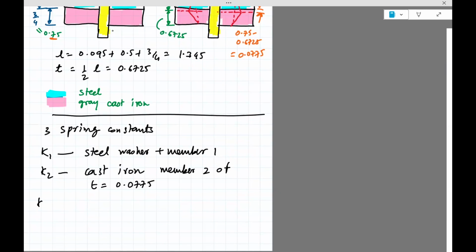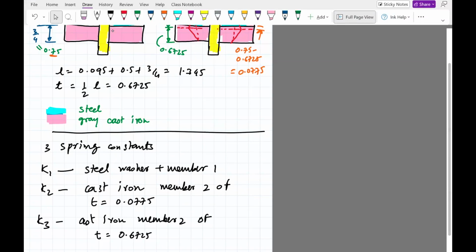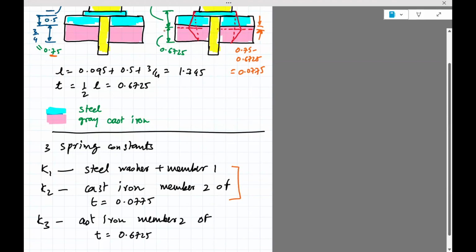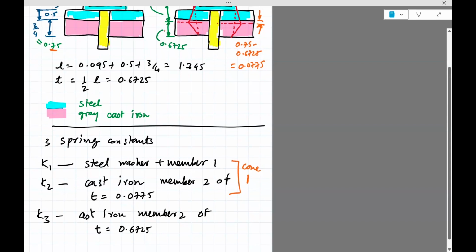And the third one is cast iron member 2 of thickness 0.6725. So these two are part of cone 1, as you can see, and this is part of cone 2.